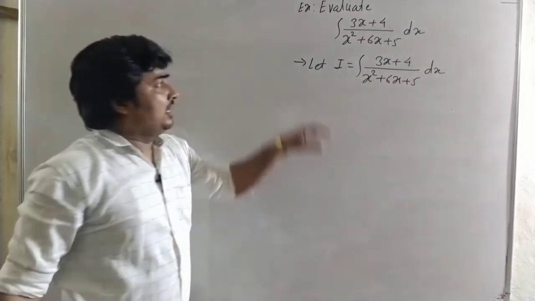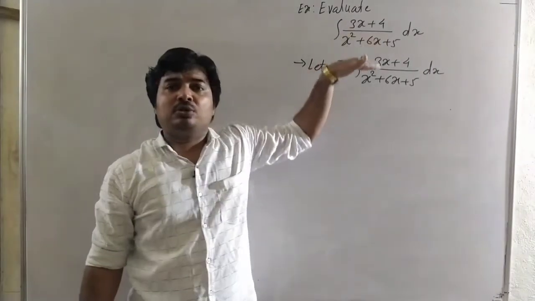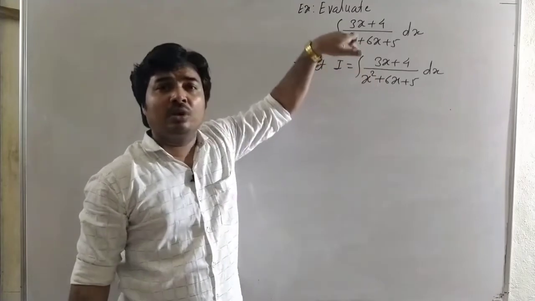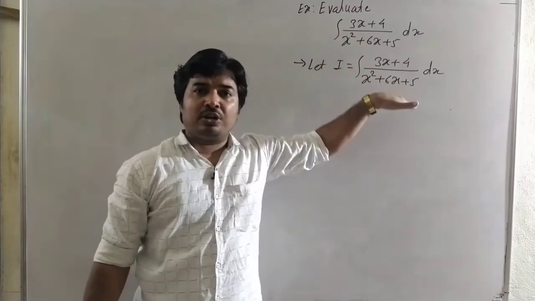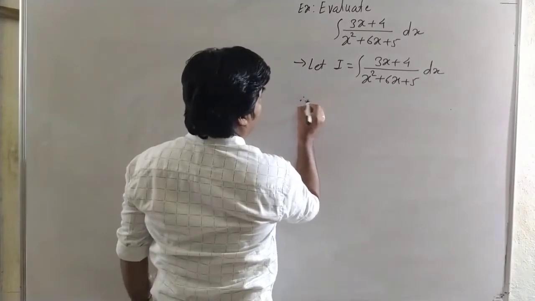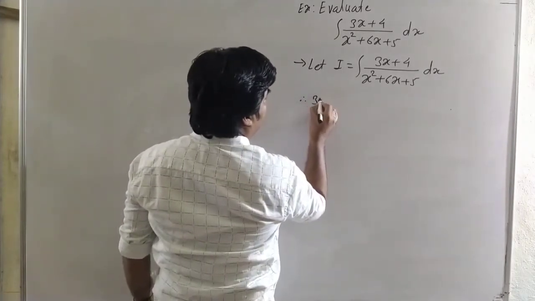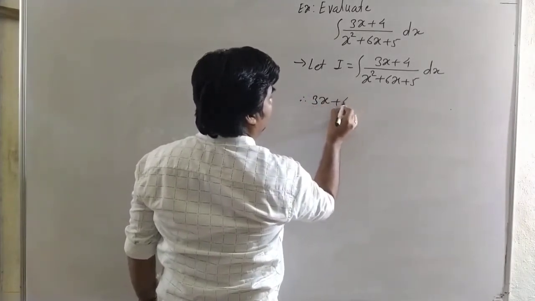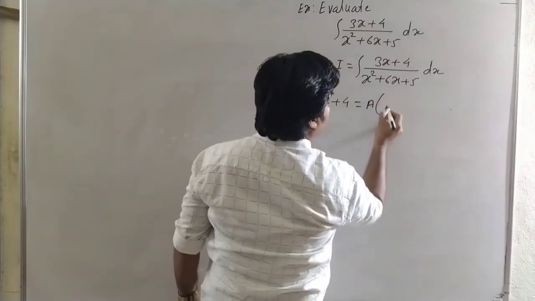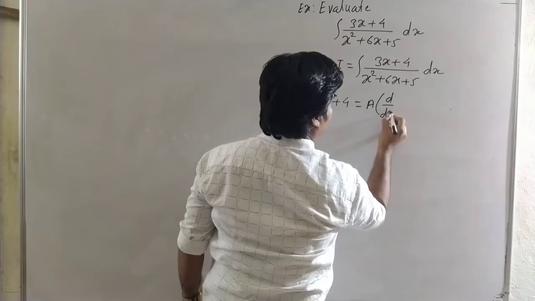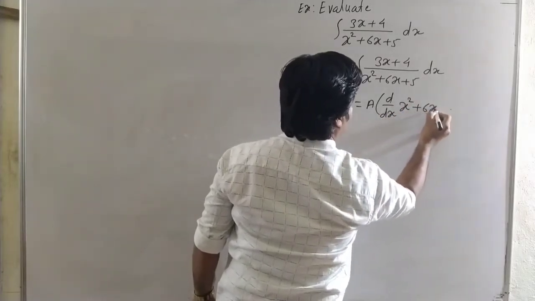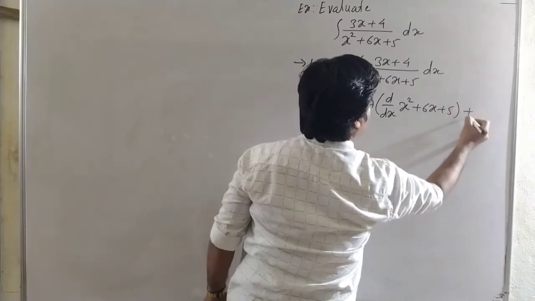It is of the type linear function upon quadratic function, and the solution method is that the linear function is equal to a into the derivative of the quadratic function plus b. Therefore, 3x plus 4 is equal to a into the derivative of x square plus 6x plus 5, plus b.